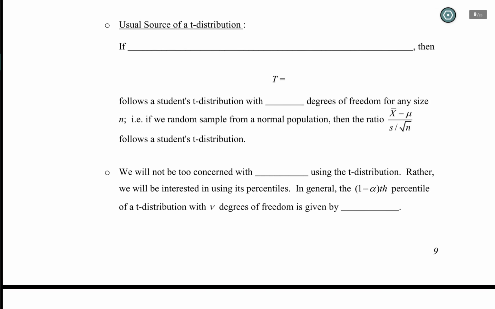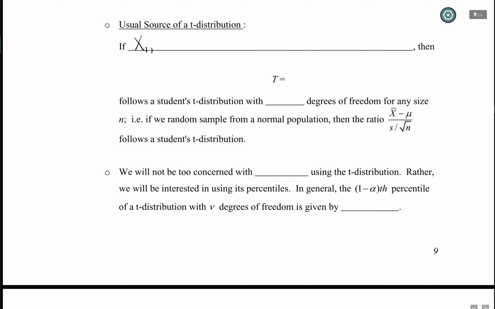The usual source of a t distribution. Where does this sort of thing come from? The usual source is when we're taking a sample from a normal population, and it would look like this.